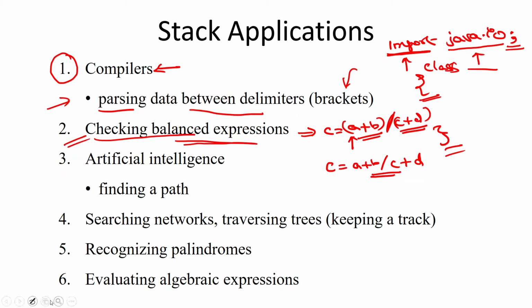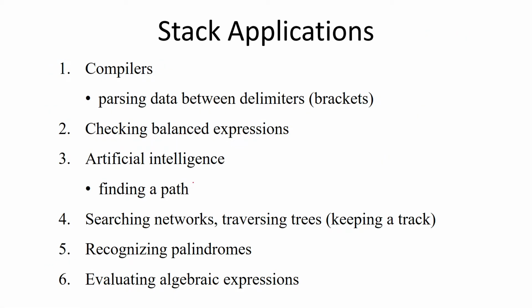And in artificial intelligence, we can use the stack in graph traversal to find the shortest path. By using graph traversal, we can use the stack. And searching the networks and tree traversal, here also we can use the stack.